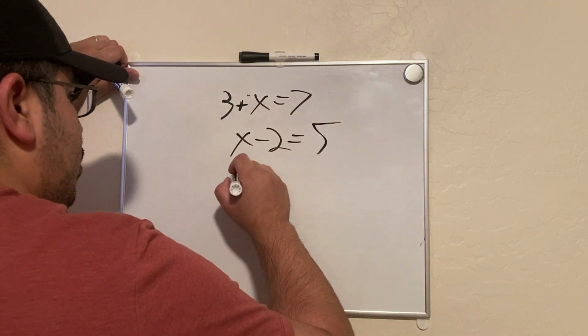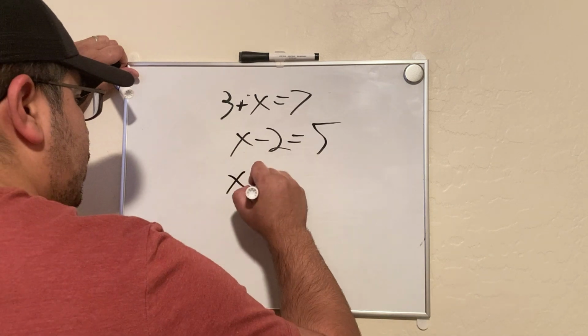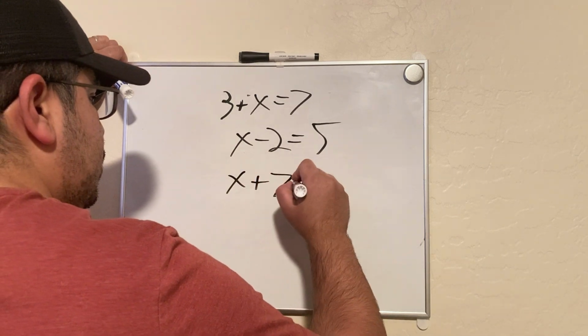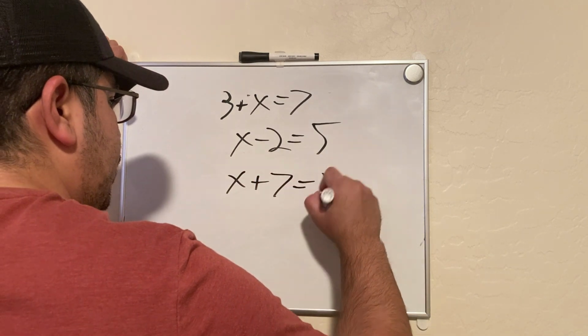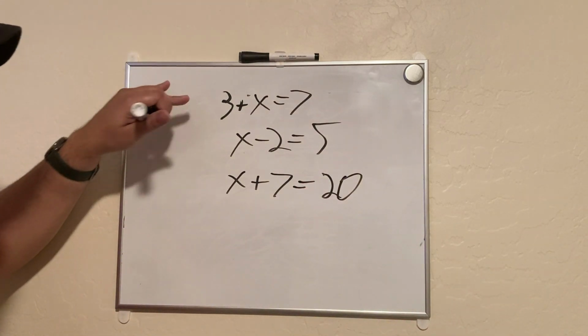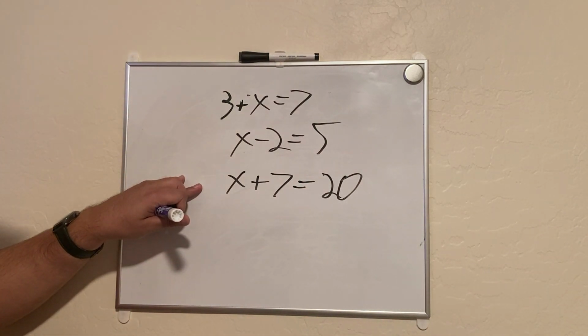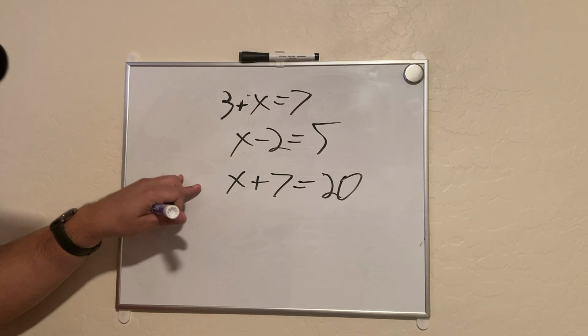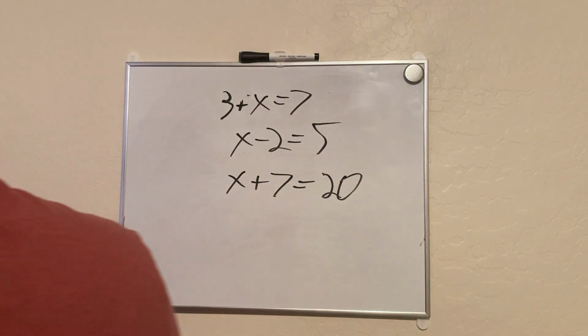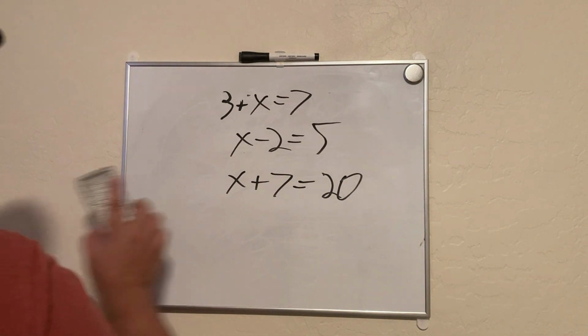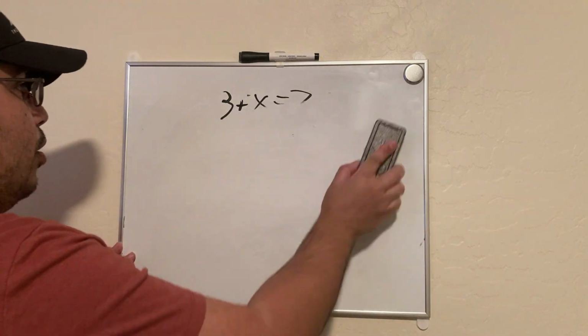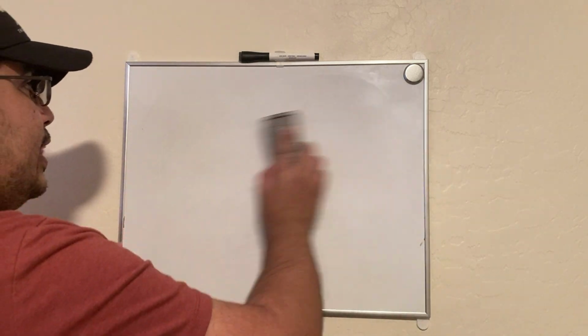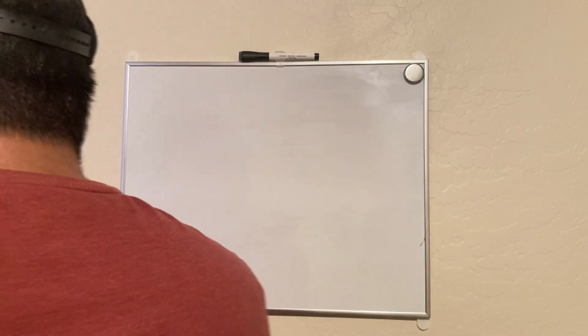And x plus 7 equals 20. All right, solve these equations. All right, there we go. That's enough time for that. That's enough for today.